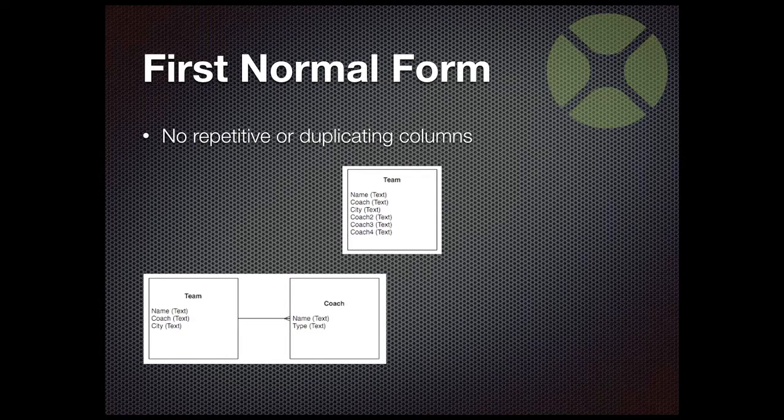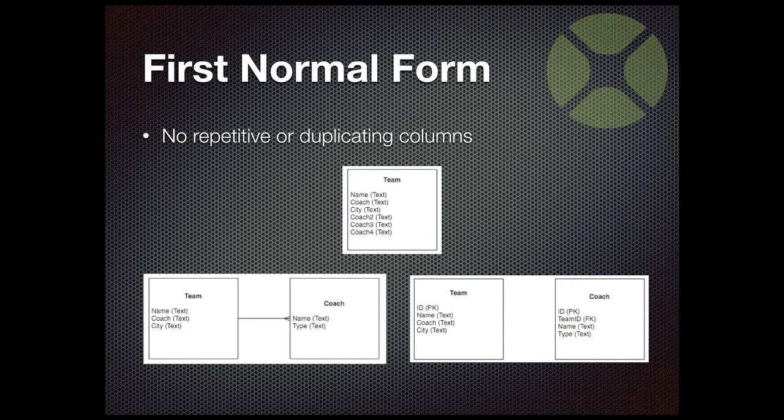Our coach table has the name of the coach, and for even more flexibility, you can put a type on this so that you could indicate if they're the head coach or the assistant coach or the batting coach or whatever it is. And then when you implement it, it uses the same techniques as before to add in the keys and the foreign key.